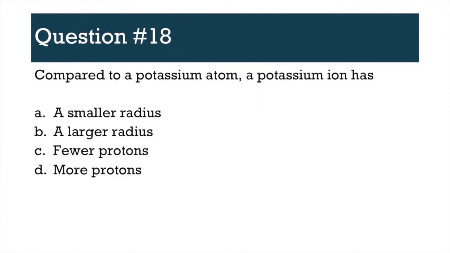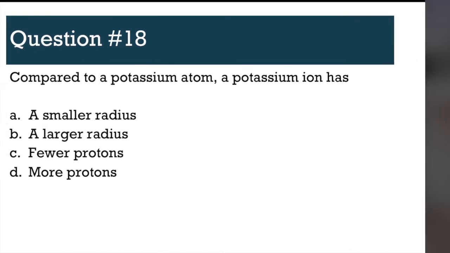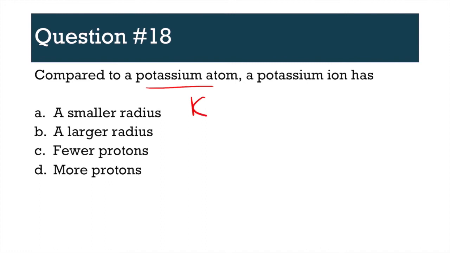Number 18 says, compared to a potassium atom, a potassium ion has... Potassium is K. K is a metal, and K has the electron configuration 2-8-8-1. Each element wants to have a full valence shell.